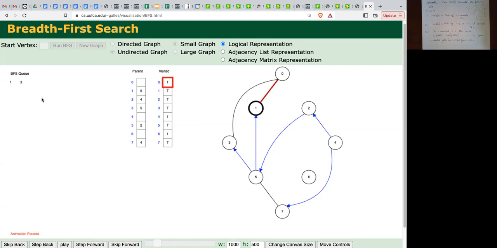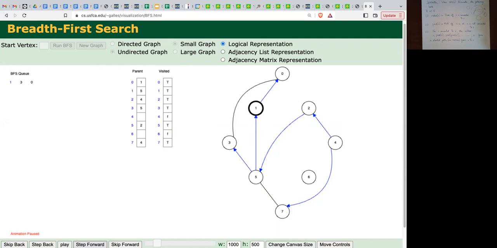Okay? And now we're looking at the queue again. So now we start from 1. And so 1 is going to visit 0. Does this make sense? Now observe. So this is saying that 1 is going to now look at 5, but then 5 is already visited. And that's that.